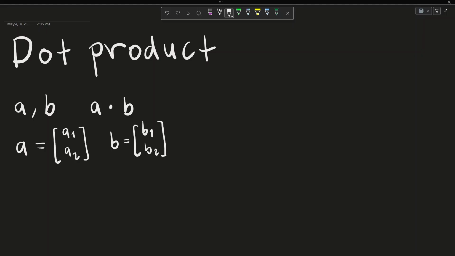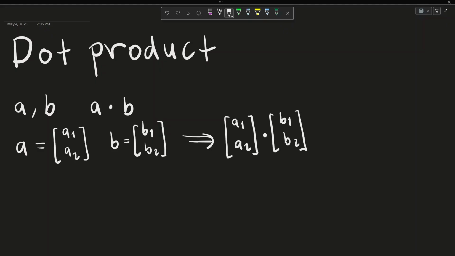If we took the dot product A dot B, what we'd be doing is taking A1, multiplying it by B1, and then adding A2 multiplied by B2.